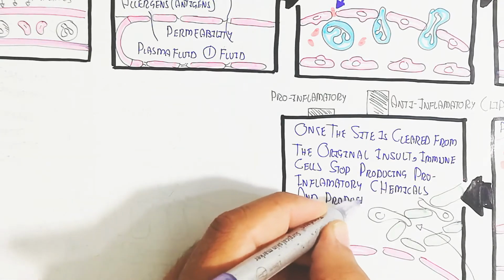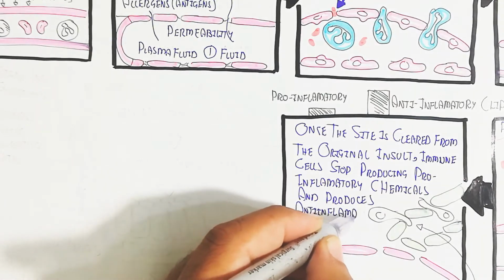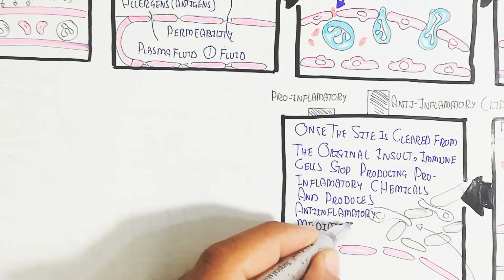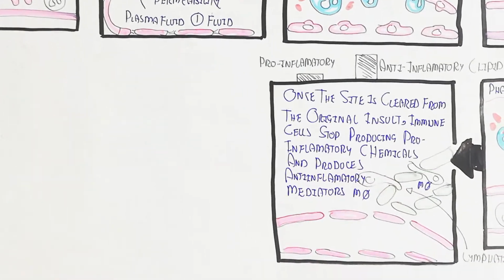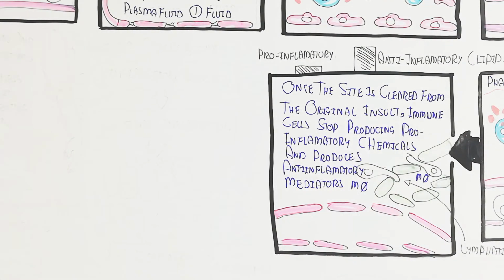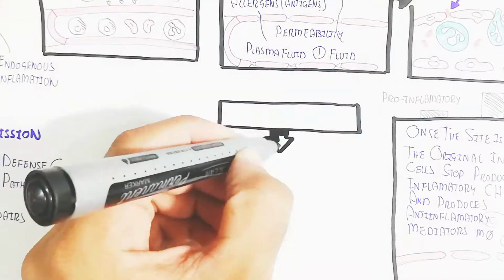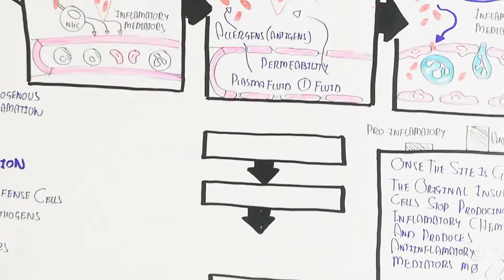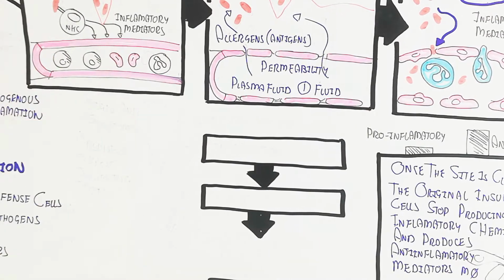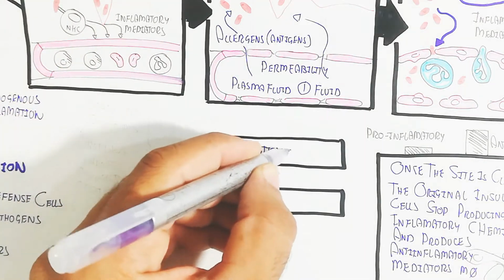Macrophages move into the lymphatic system after the permeability increases there, so the fluid moves and circulates. In this way the fluid decreases and inflammation decreases. That is how inflammation resolves.